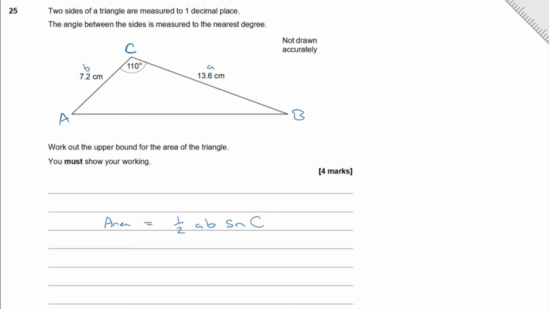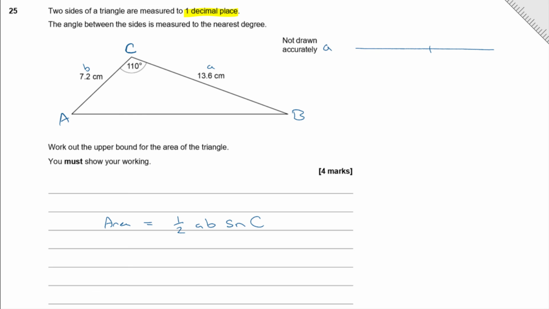Okay, but before we use that, we need to work out what our upper and lower bounds are for the three values A, B, and the angle C. So let's start with A and B. Now these sides were given to 1 decimal place. What I like to do with these questions is draw a quick number line and mark on the value given.